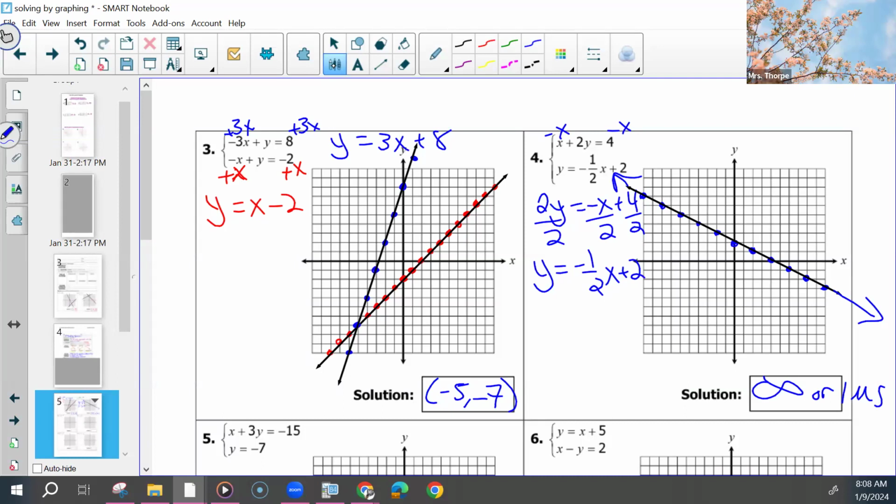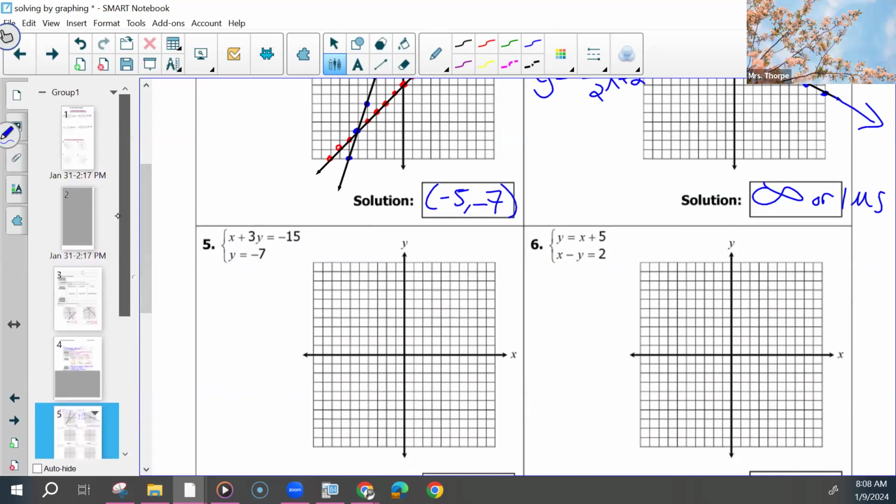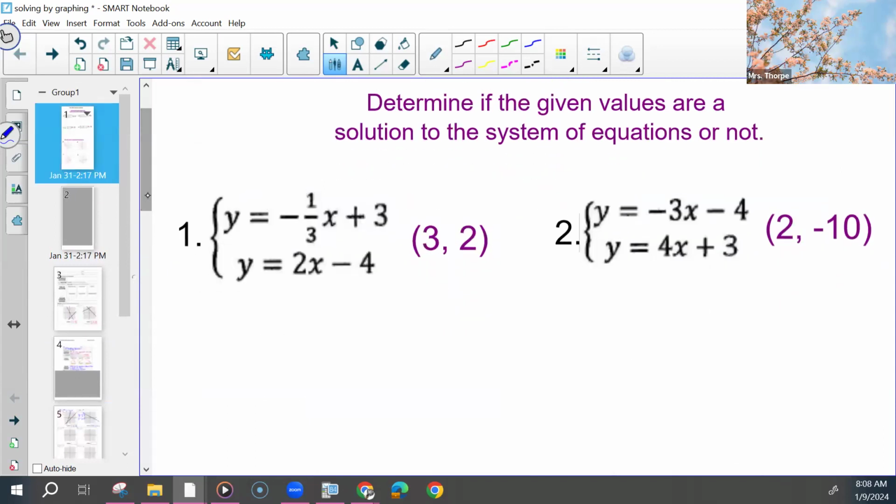Okay, we'll do one last thing today and then we'll stop. On the next page, if I had this system of equations and I had this solution, how could I check to see that this is my actual solution?